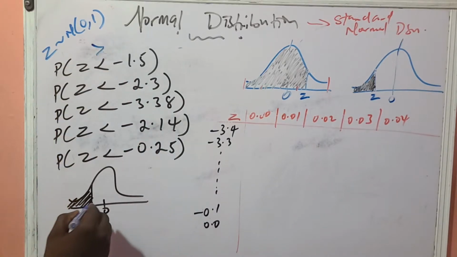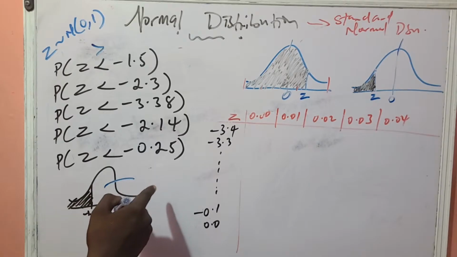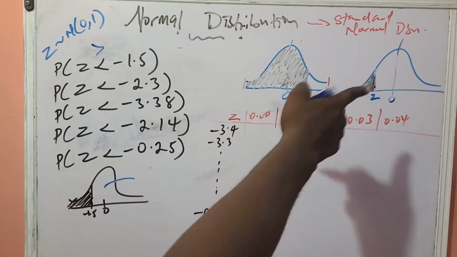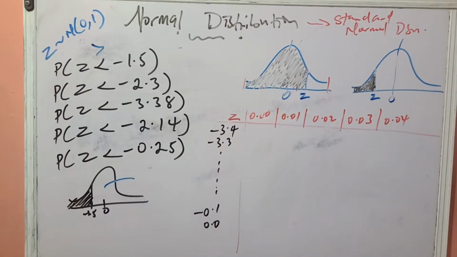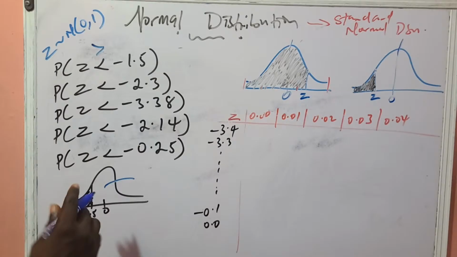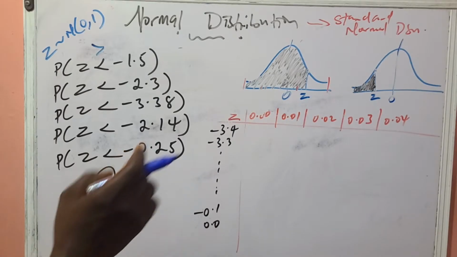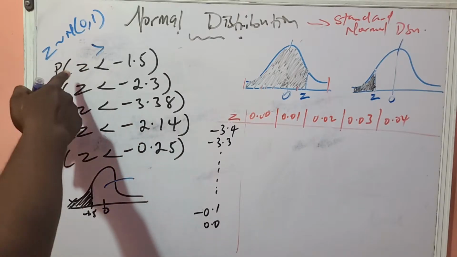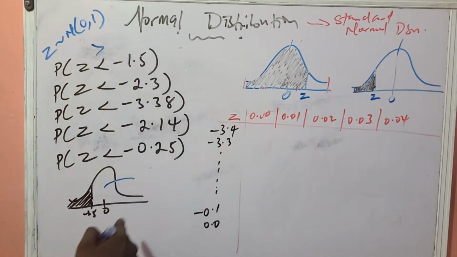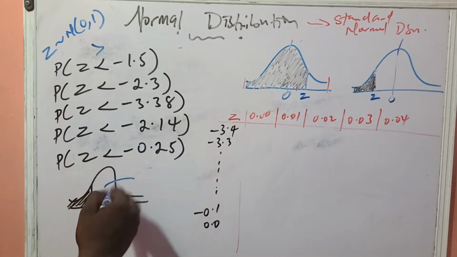This table doesn't give you values here. So you cannot find this unshaded part using this table directly. Because imagine I was going to find probability of z greater than minus 1.5. I'm sure you knew that I would have shaded this area.